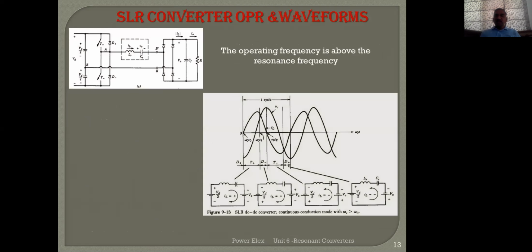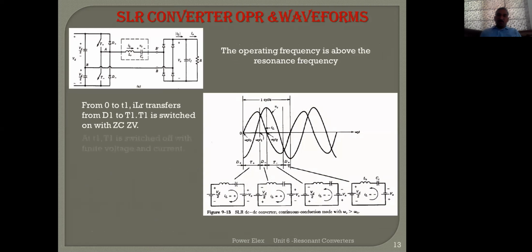Now consider that we keep on increasing the frequency, and frequency is increased beyond the resonance. Means before resonance occurs, one cycle gets completed. Same circuit. Now you see the waveforms, they are more compact.